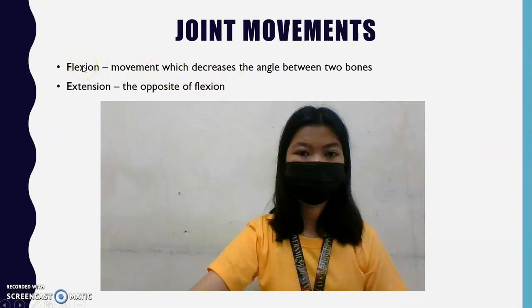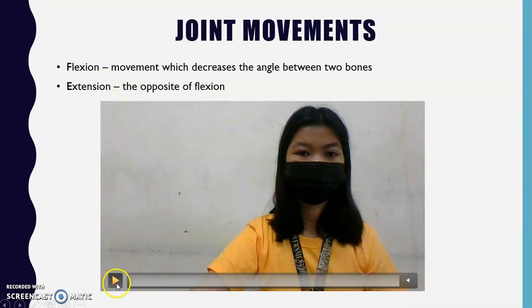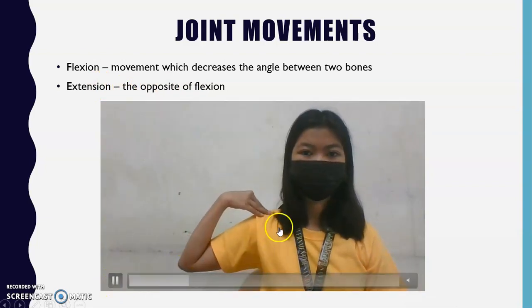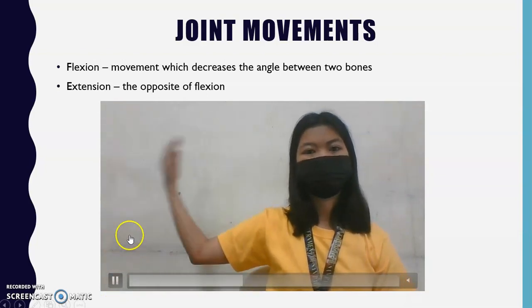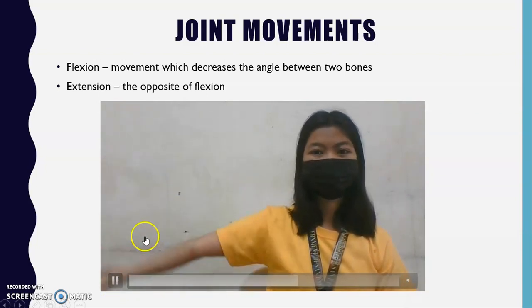The first joint movements that I'm going to discuss are flexion and extension. When we say flexion, it is the movement which decreases the angle between two bones, and extension is the opposite of flexion. So, ito yung video ko ng flexion and extension. Flexion, extension.